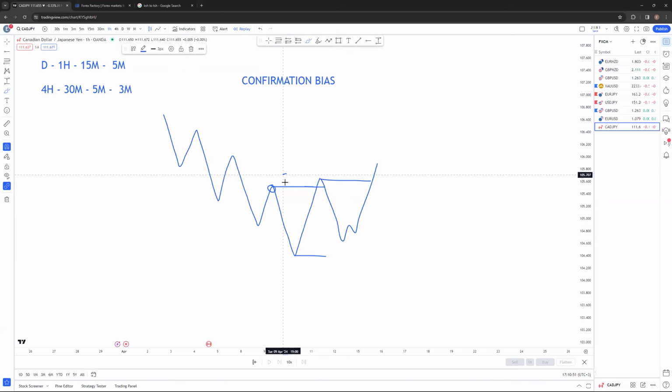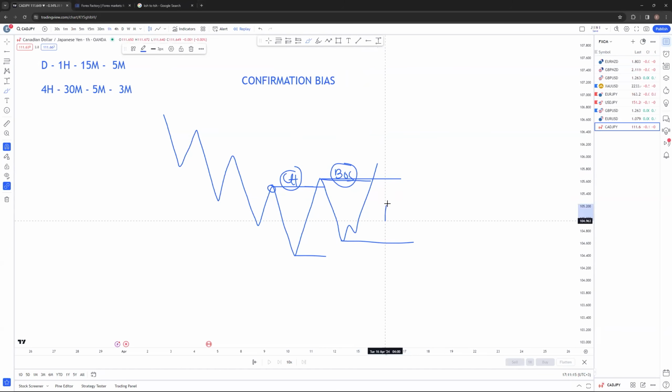And this was our change of character, right? But this now is our break of market structure. So after having these two structures, change of character and break of market structure, it means this structure is already matured. So what we have to do is focus on this structure.